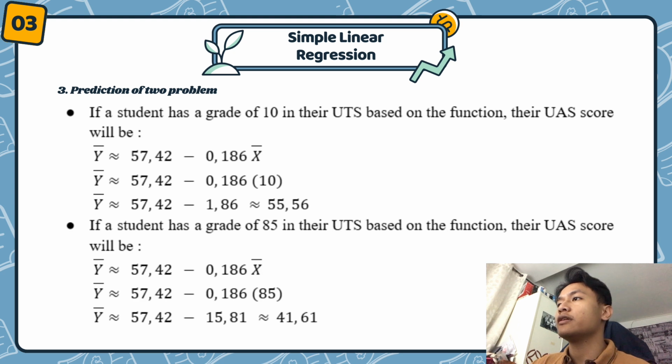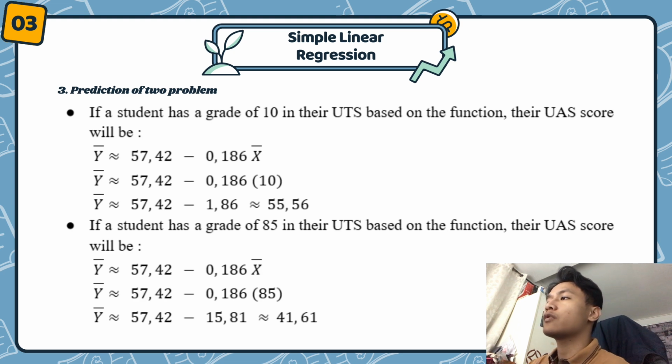For the interpretation, if the student scores 10 in their UTS, their predicted y score will be approximately 55.56.